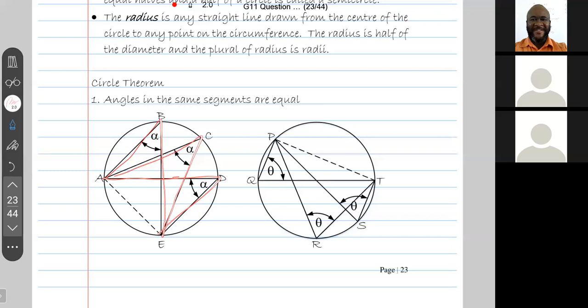And they all have the same starting point and the same ending point on the circumference. They all start at A and they all end at E. These angles are called angles in the same segment, and angles in the same segment are equal.